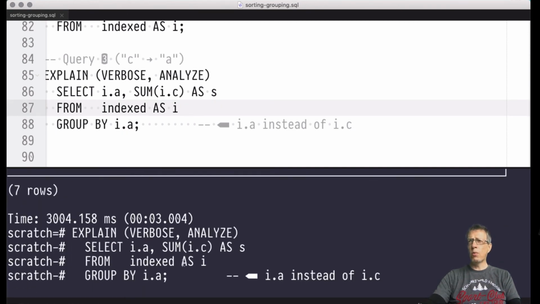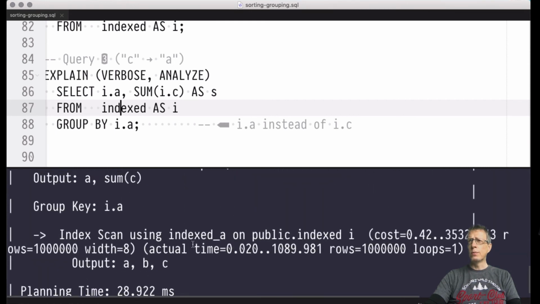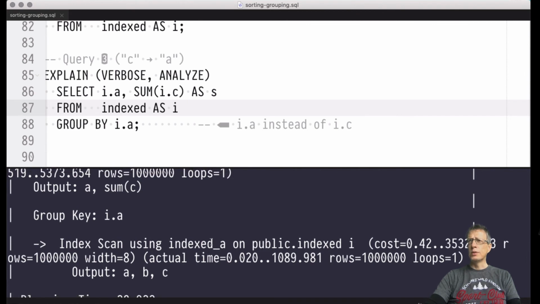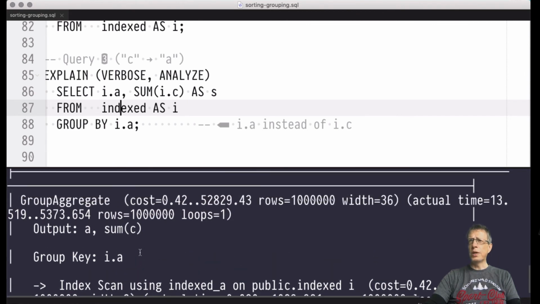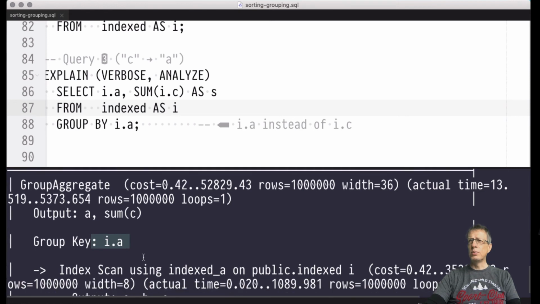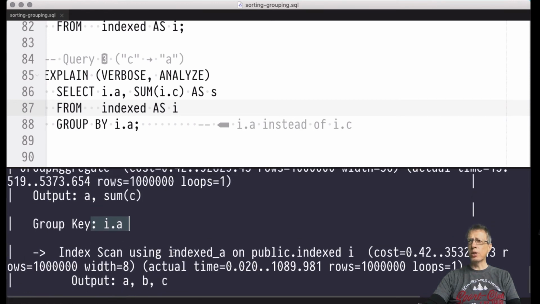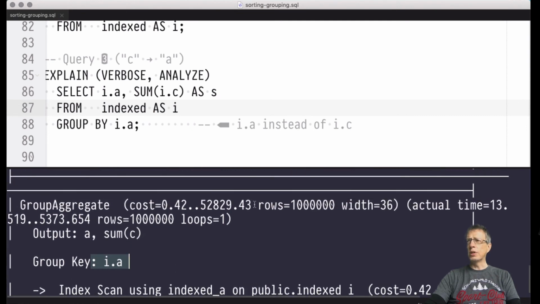Well, at least I hope so, otherwise my experiment goes wrong. All right, so it's an index scan on the A index. The grouping key, which criterion will be used to find the group boundaries, is indeed the A column. It's very simple to do this grouping on A ordered output already, and we could immediately emit the grouping result here, which of course uses summation on the C column now.